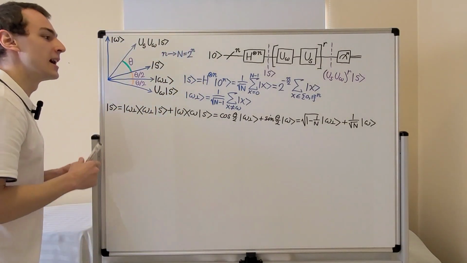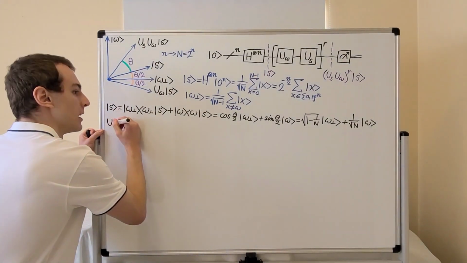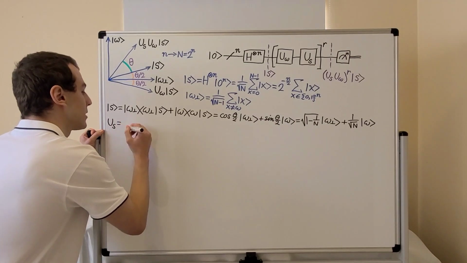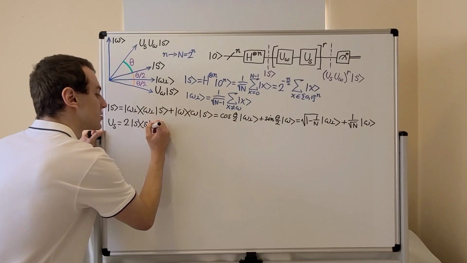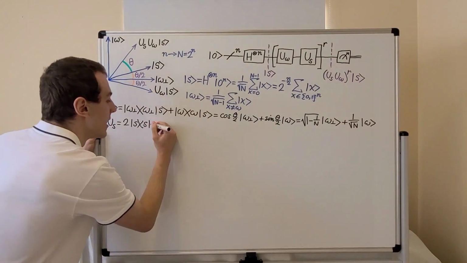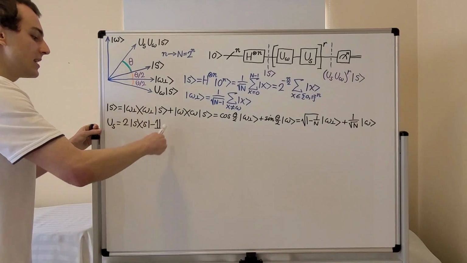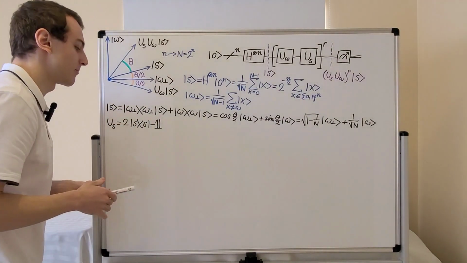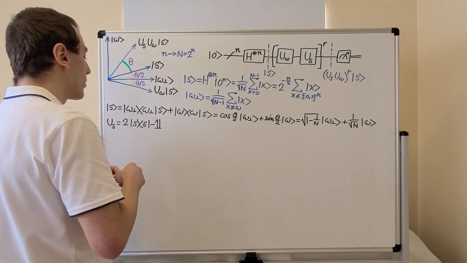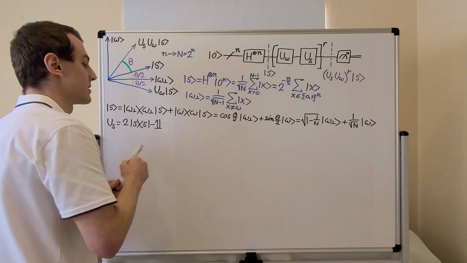Now that we have S, let's construct U sub S. So U sub S is equal to 2 times the projector formed from S, so that's a Ket-Bra combination of S, minus the identity operator. And this is a way of expressing reflection over the S-axis. So what is very special about this is we can also write this as a sandwich between Hadamards.